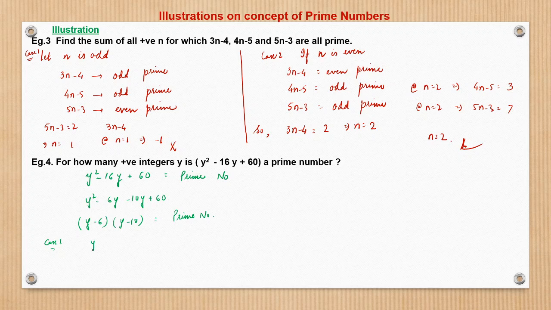So case 1, y minus 6 is equal to 1, y is equal to 7. At y equal to 7, the number becomes 7 minus 10, which is minus 3, but we need positive integers, right? So not a possible case.